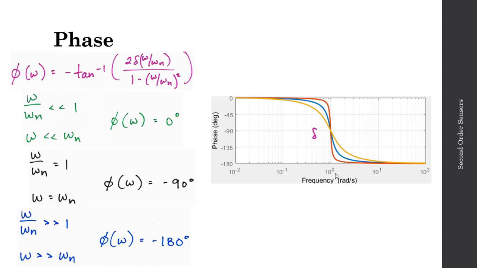So the second order sensors add an additional minus 90 degrees of phase. And then at the natural frequency of the system here, we're at minus 90 degrees of phase, whereas for the first order sensor, we were at minus 45 degrees of phase at the time constant of the system, when omega times tau was equal to 1.